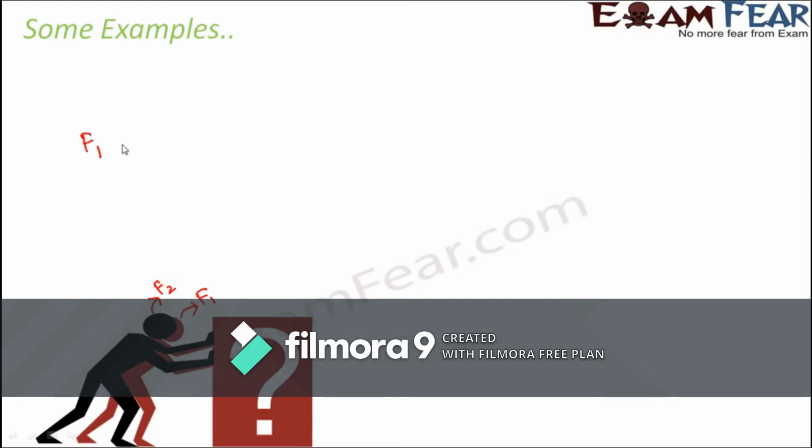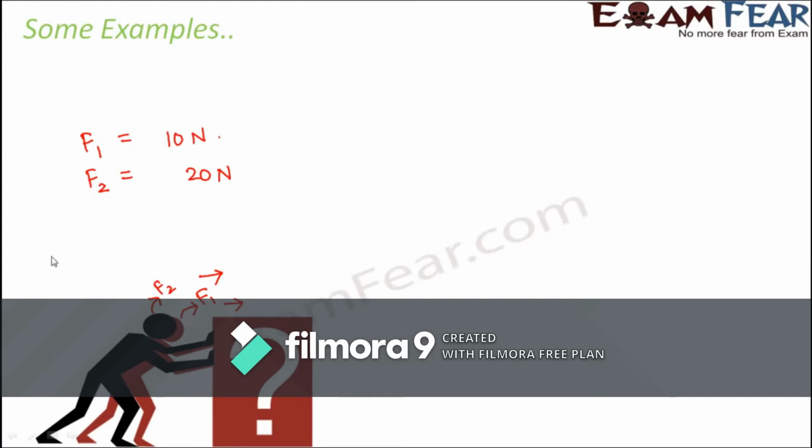Let us say F1 is 10 Newtons. So 10 Newton is the magnitude of force applied by the first person, in this direction. And F2 is the force applied by the second person. Let us say he applies a force of 20 Newtons, also in the same direction.